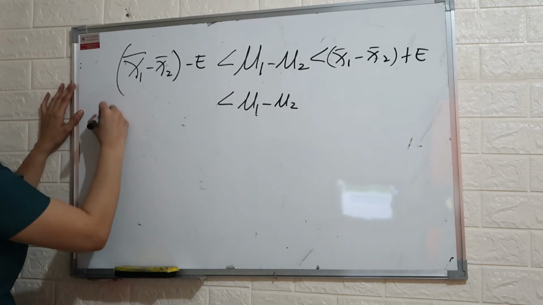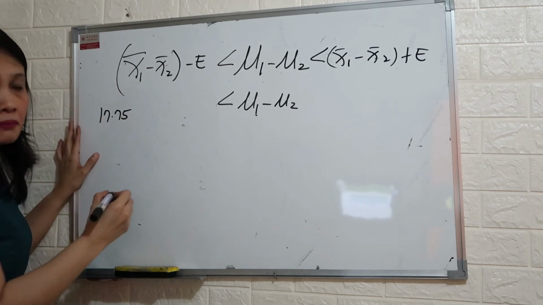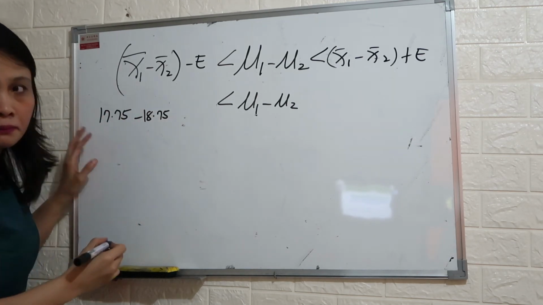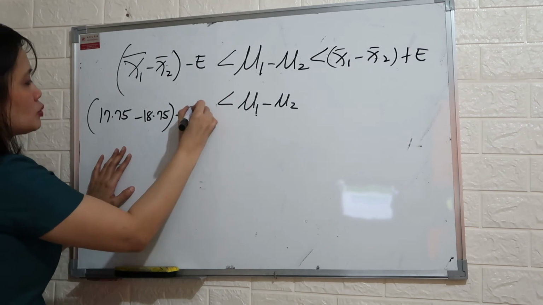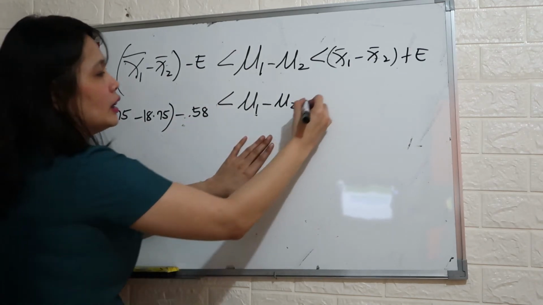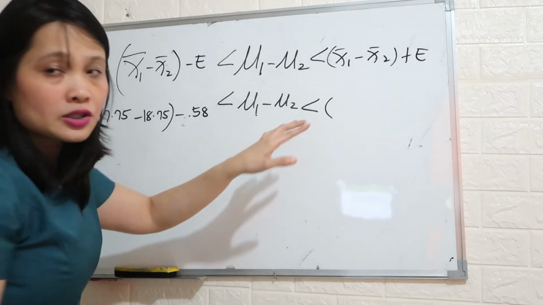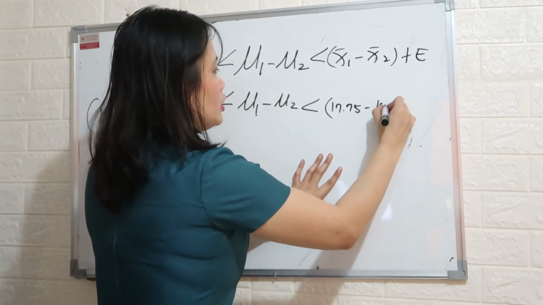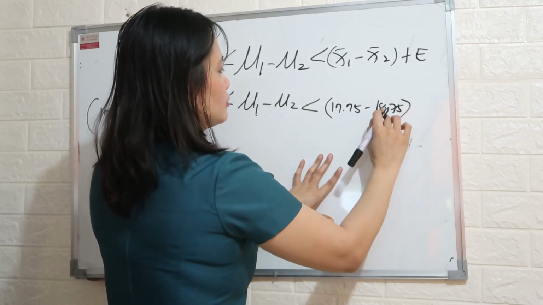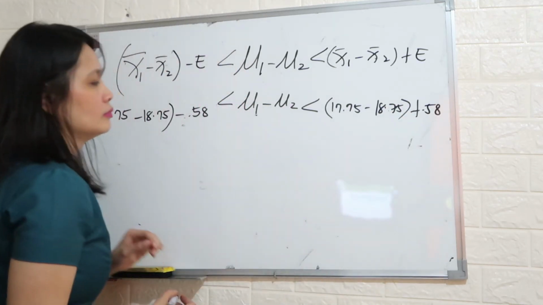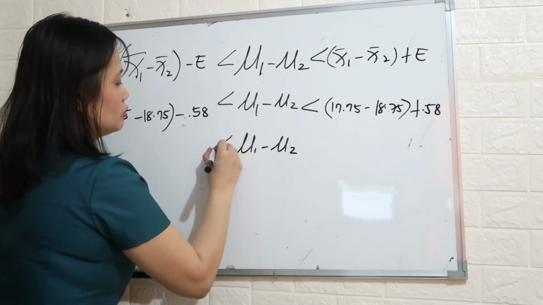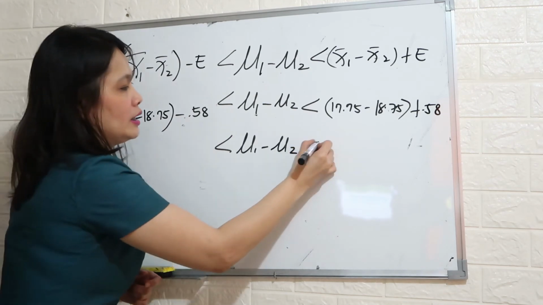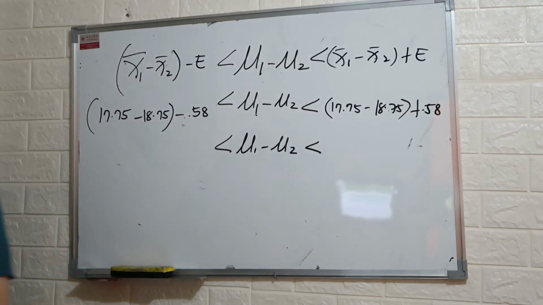So we have 17.75 minus 18.75 minus 0.58 less than 17.75 minus 18.75 plus 0.58. So mu 1 minus mu sub 2 greater than what? Then less than what? What's the answer?